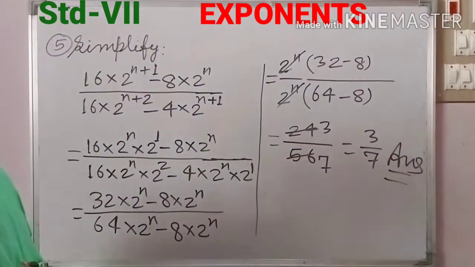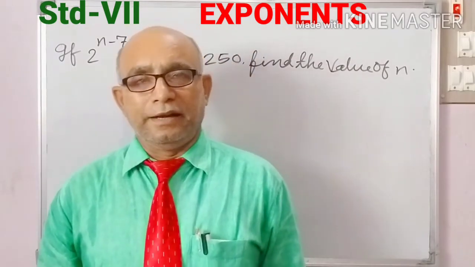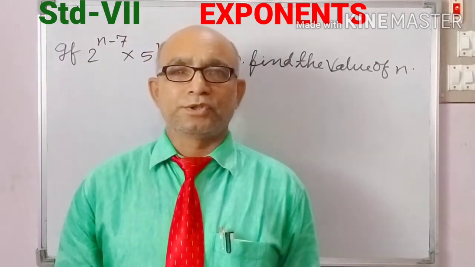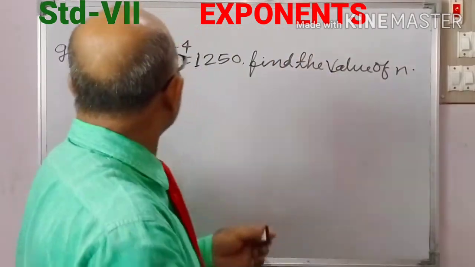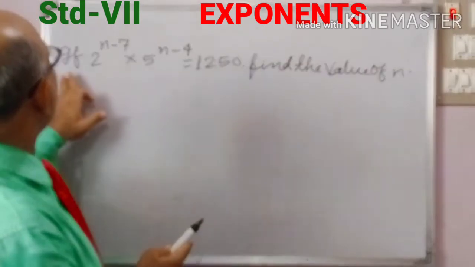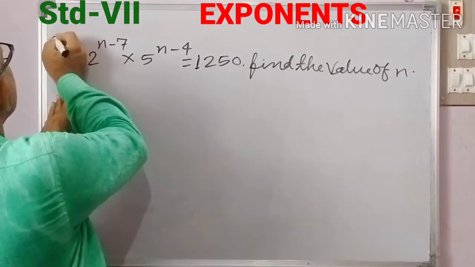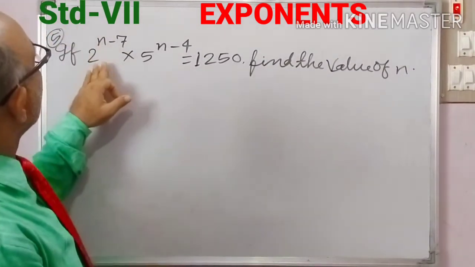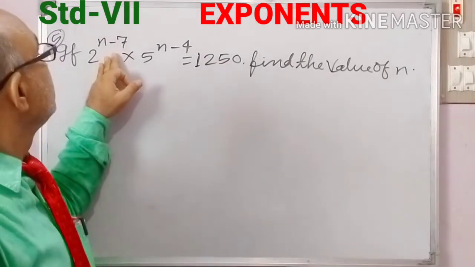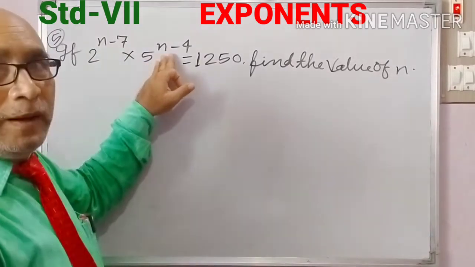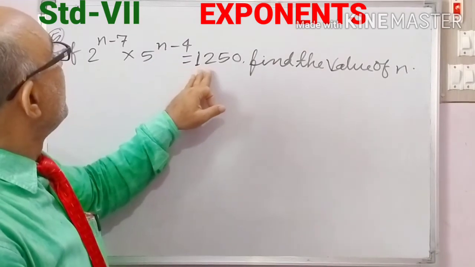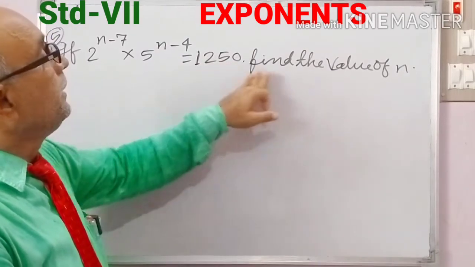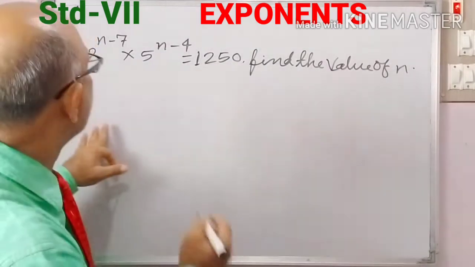Write it. Students, next selected question is question number 5. In question number 5, if 2^(n-7) into 5^(n-4) equal to 1250, find the value of n.